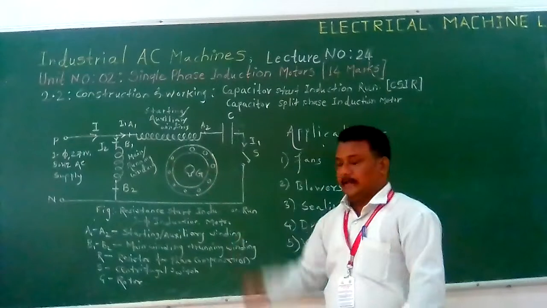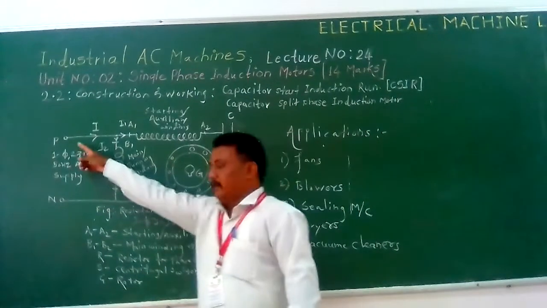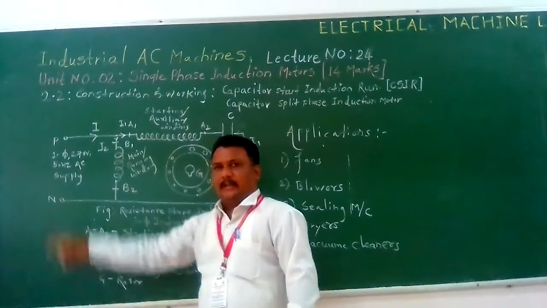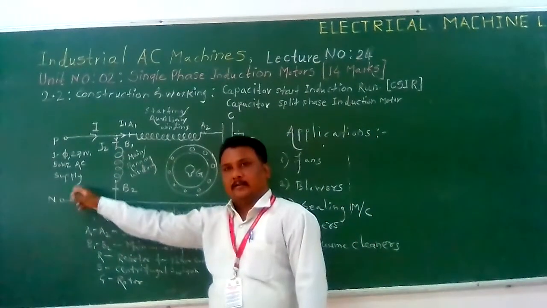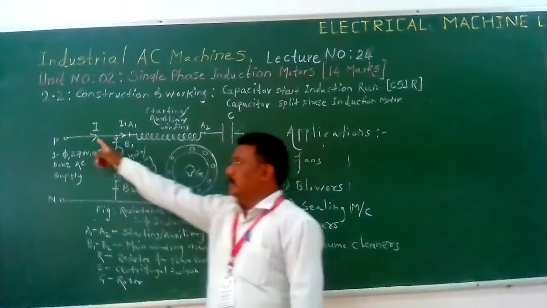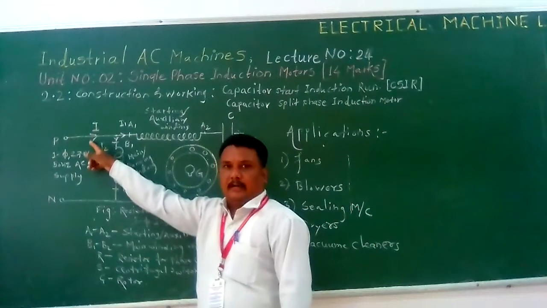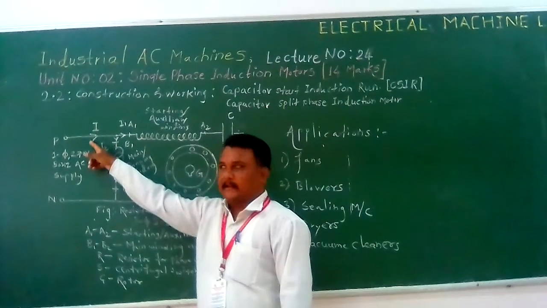Near about all the construction is like here, means we are giving a single phase 220 or 230 or 240 volt 50 hertz AC supply to the input side. Here I is the total motor current, means supply current.